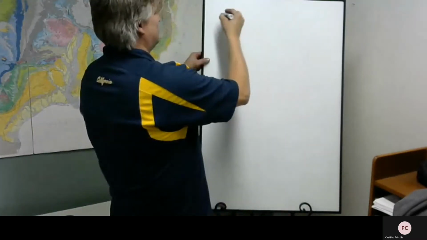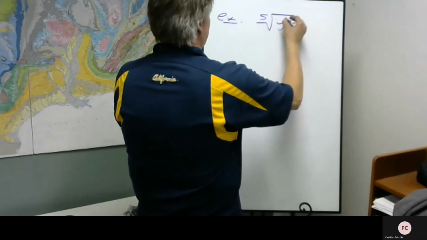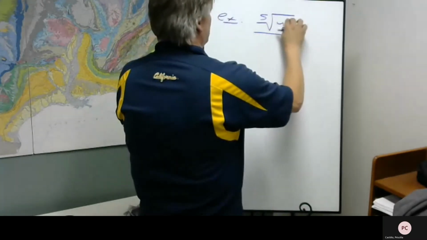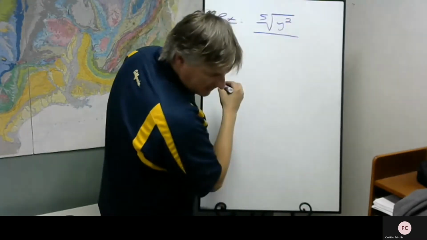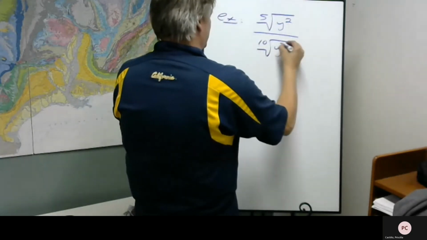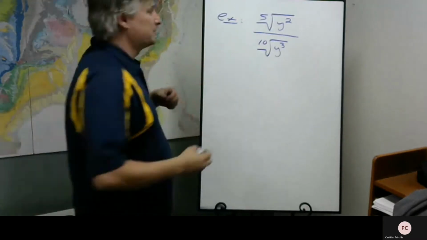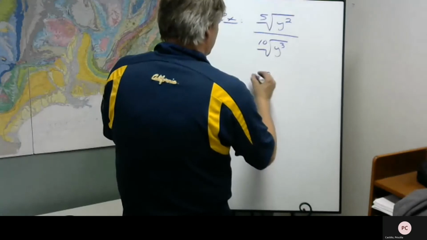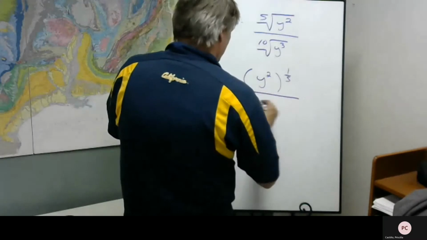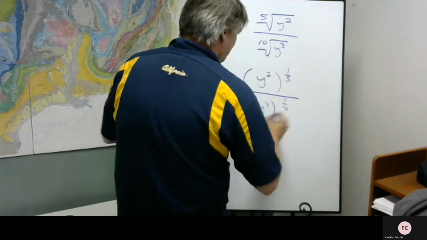So let's say you have this. y squared and 10th root y cubed. Now again, let's turn these into rational exponents. So the y squared is still on the inside of a 1/5. And here the y cubed is going to be on the inside of a 1/10.